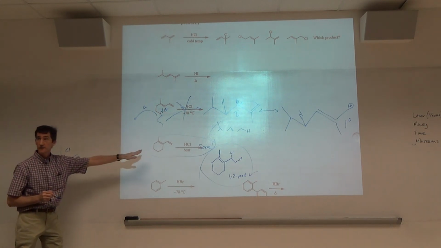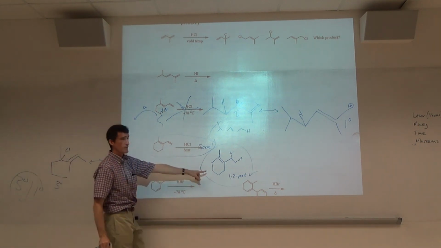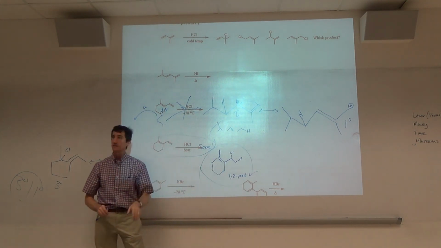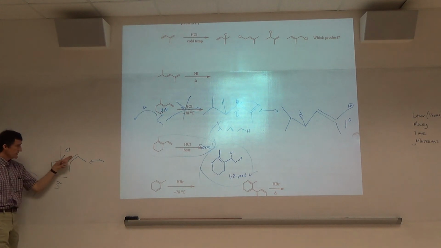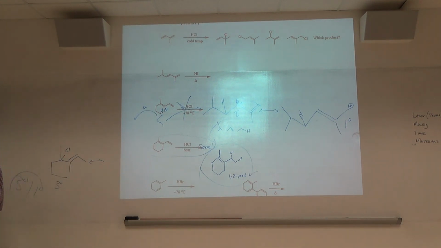Because heat gives the most stable. Which one's most stable, the 1,2 or the 1,4? The 1,2 is probably more stable. Why? It's a tetrasubstituted alkene. This is a trisubstituted alkene. This is an example where the 1,2 product is the most stable. Everybody see that?